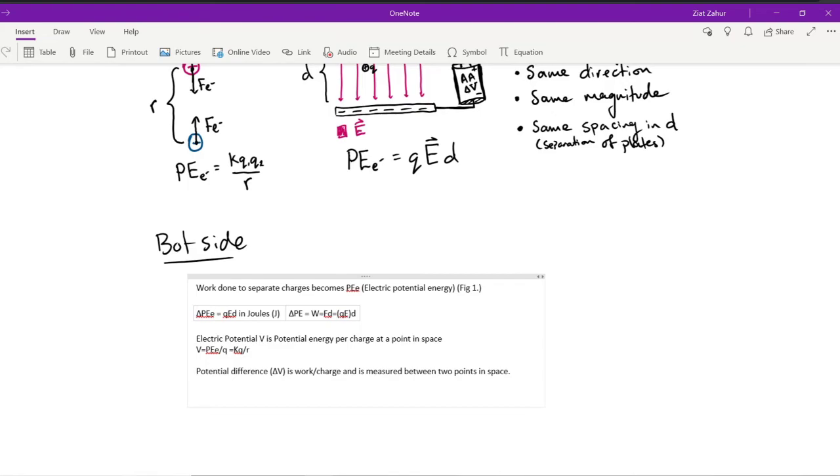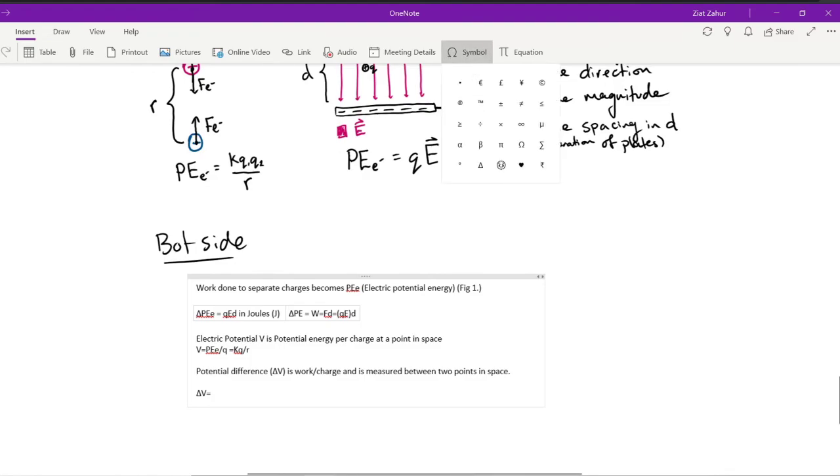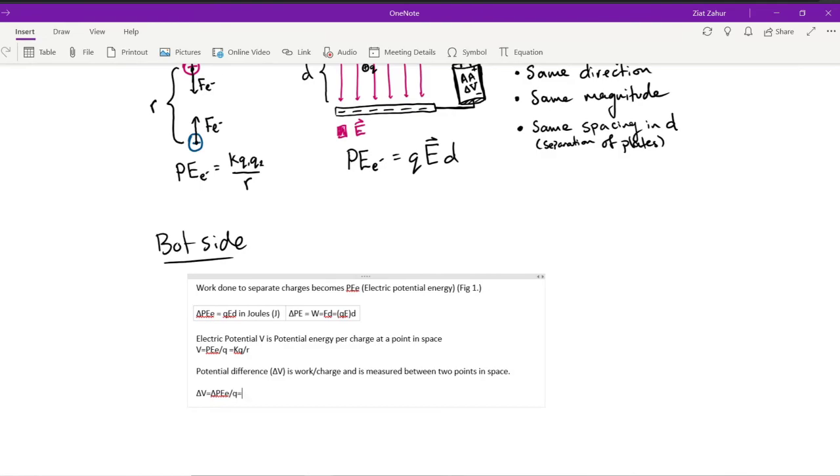All right. So this would mean that delta V is equal to delta potential energy, the change in your potential energy, PE, divided by Q, which is the same as work divided by Q.